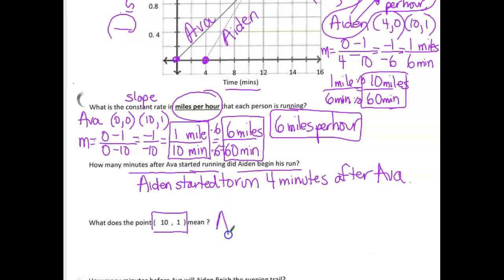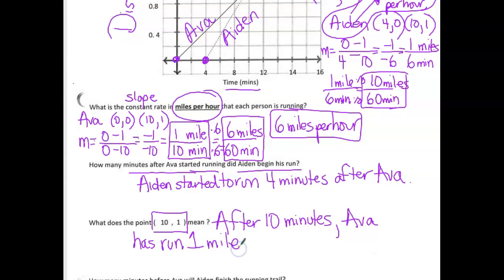The 10 means after 10 minutes, Ava has run 1 mile and Aiden has run 1 mile. But remember, Aiden started after Ava.